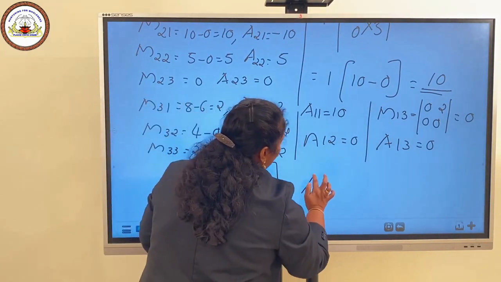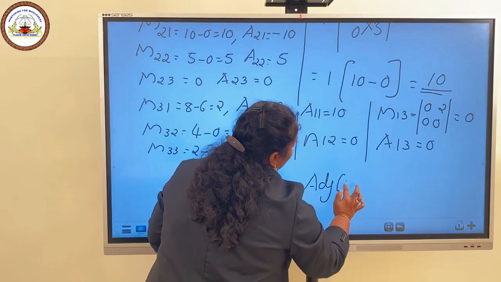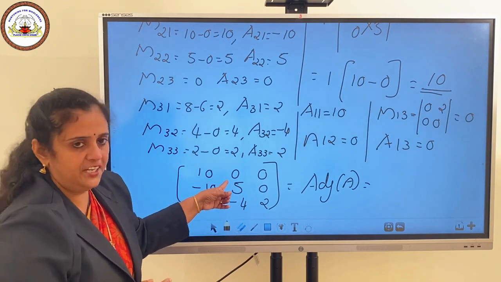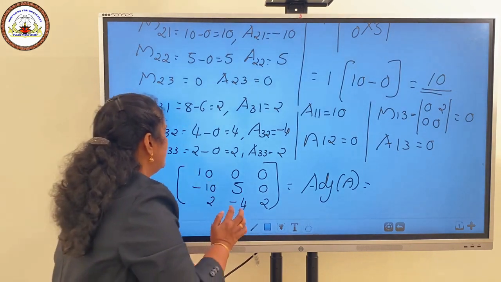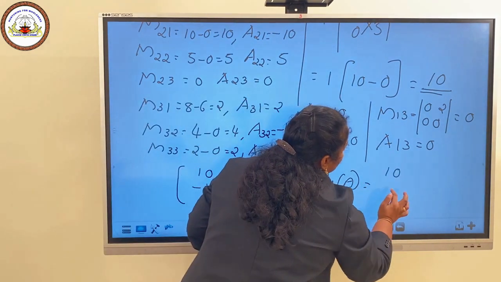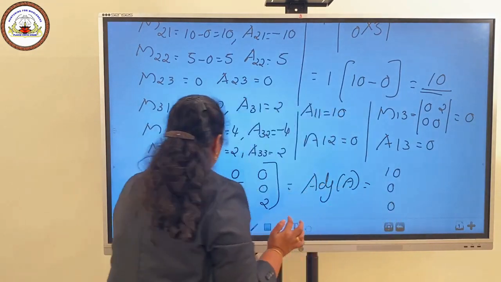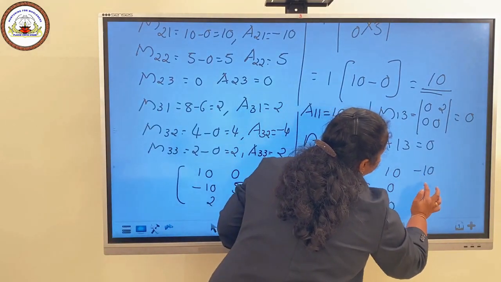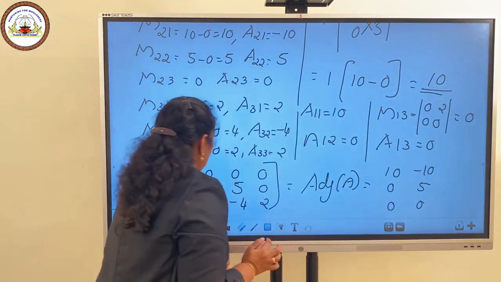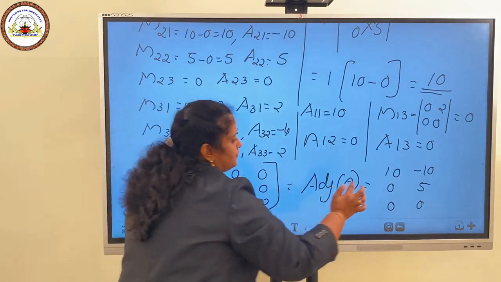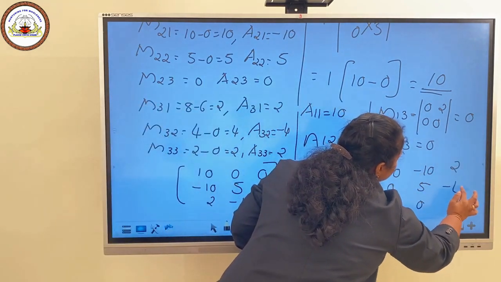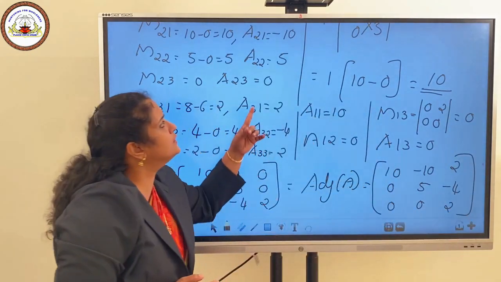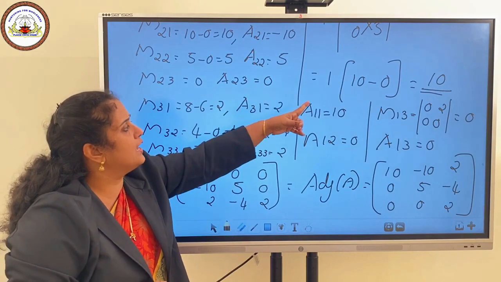Adjoint of A is equal to, interchanging rows and columns, that is 10, 0, 0, minus 10, 5, 0, then 2, minus 4, 2. This is the adjoint of A. We already got the answer: the determinant of A is equal to 10.